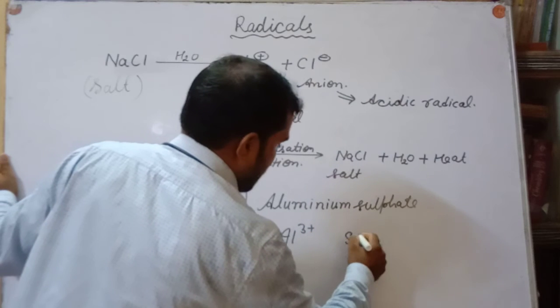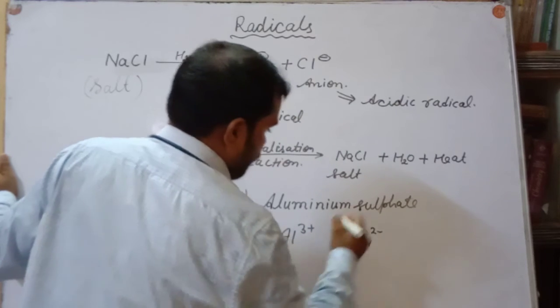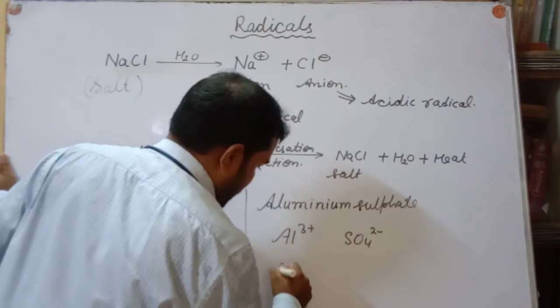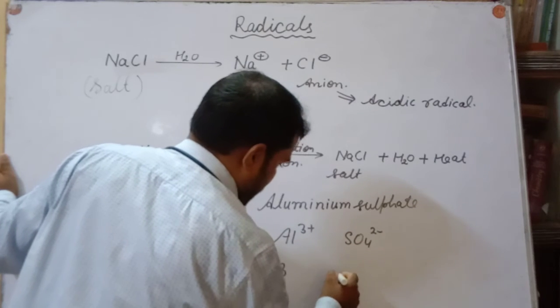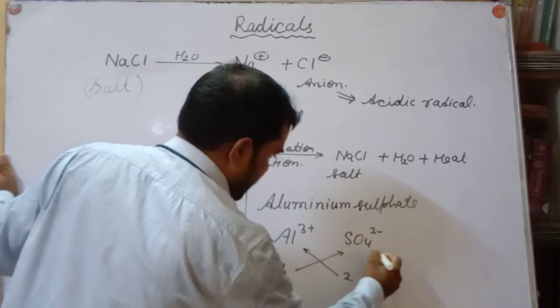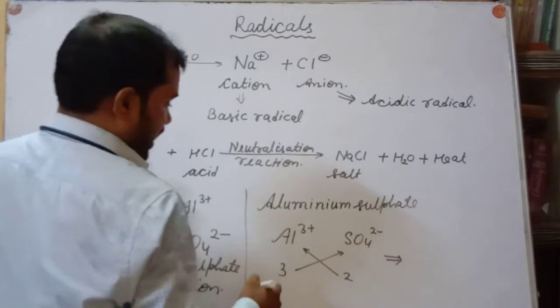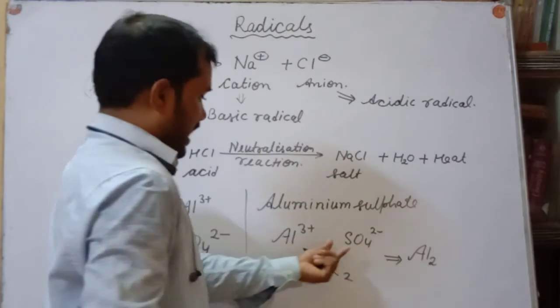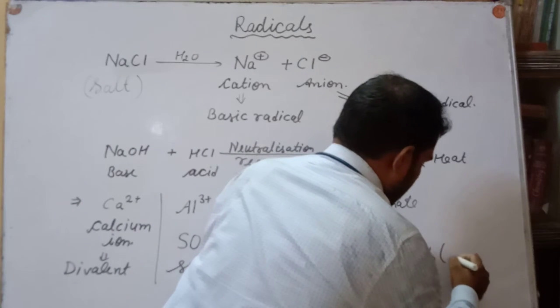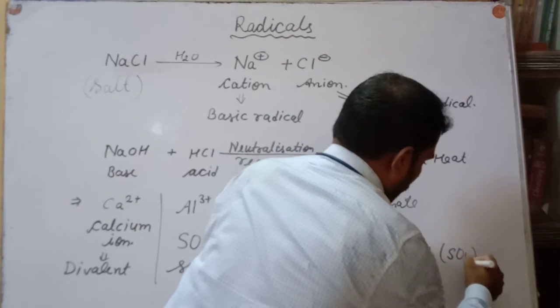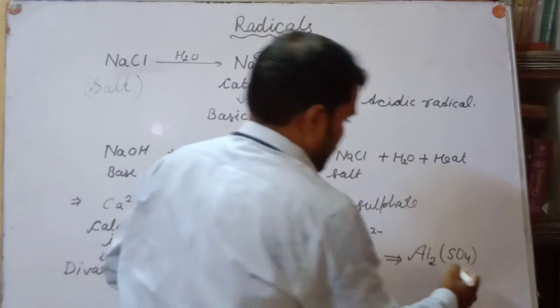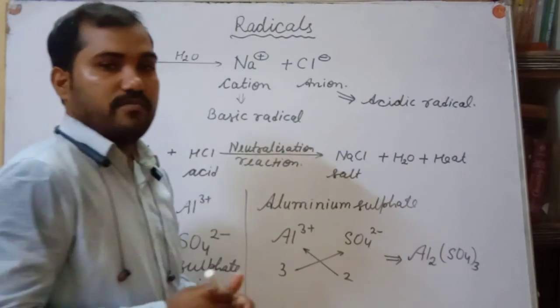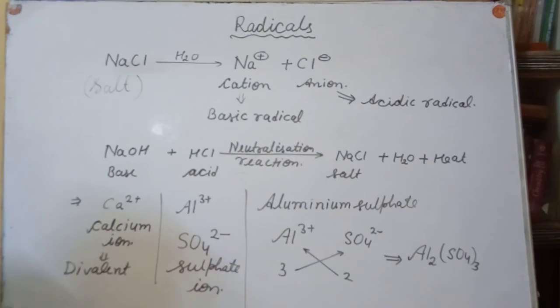Aluminium 3+, SO4 2-. Here 3 charge, here 2 charge. So you can do the cross multiplication. Aluminium 2 times, and SO4 3 times. So this is aluminium sulfate, Al2(SO4)3. Like this you may write the formula.